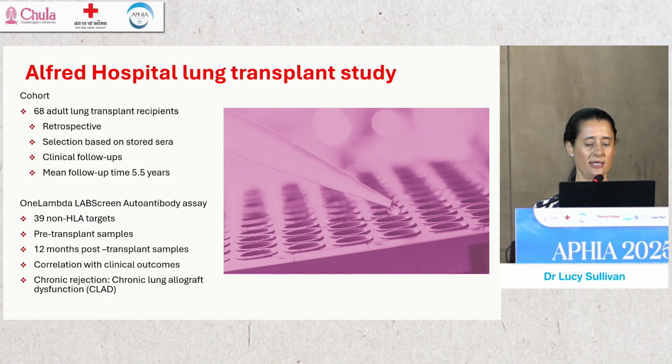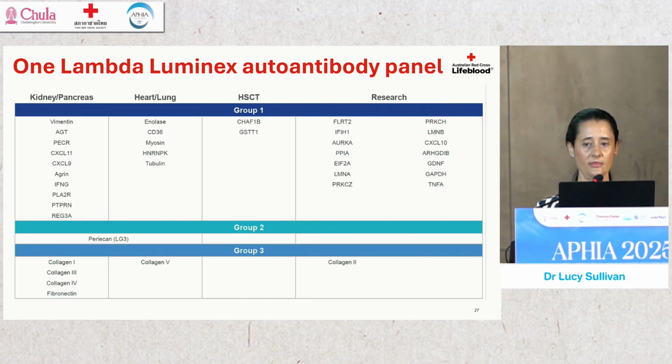We looked at sera both pre-transplant and at 12 months post-transplant, and looked at the correlation with clinical outcomes, and particularly with CLAD. This is the One Lambda Luminex panel that we used. It's a bead-based assay, much like Rhonda and Fiona have introduced in identifying HLA antibodies.